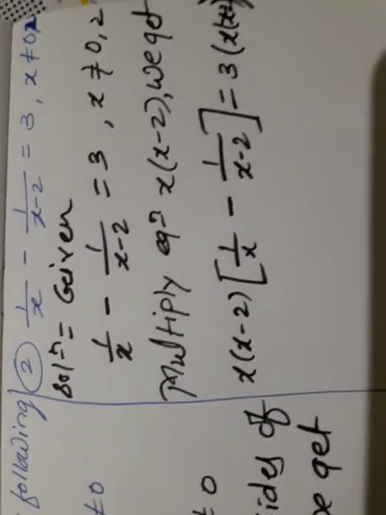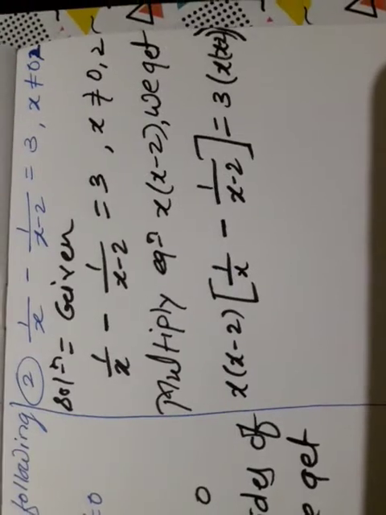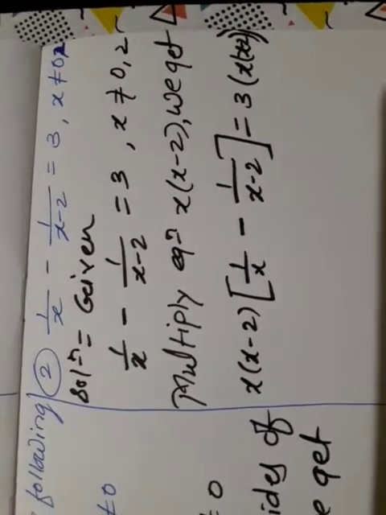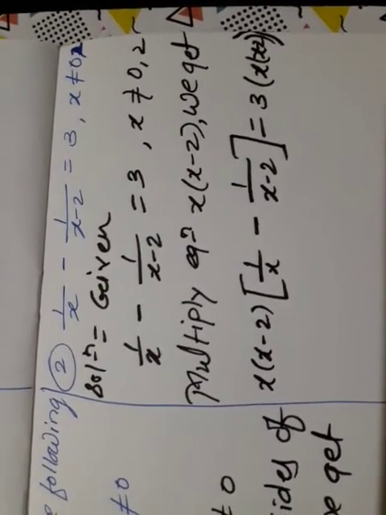Look here what I did. Here I have multiplied both sides of the equation by x into x minus 2.